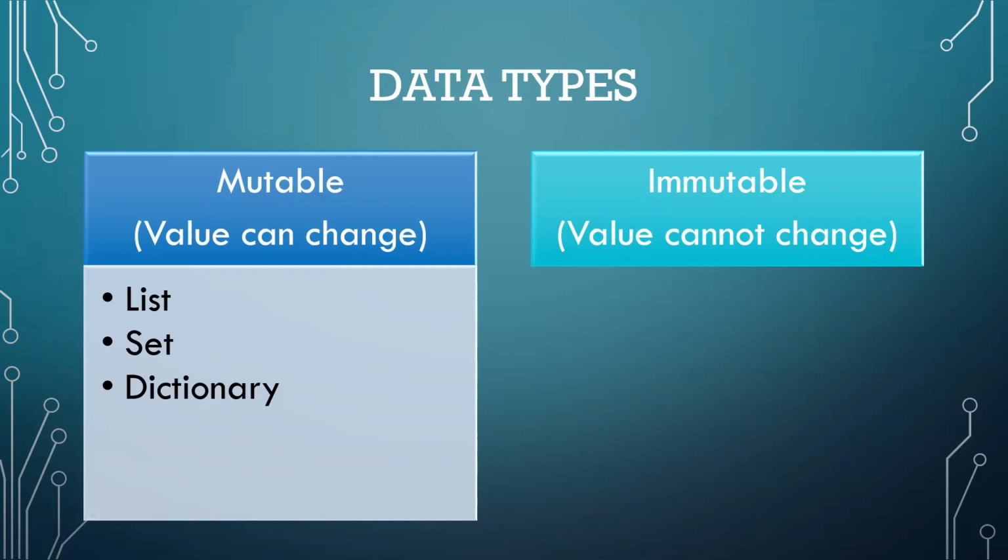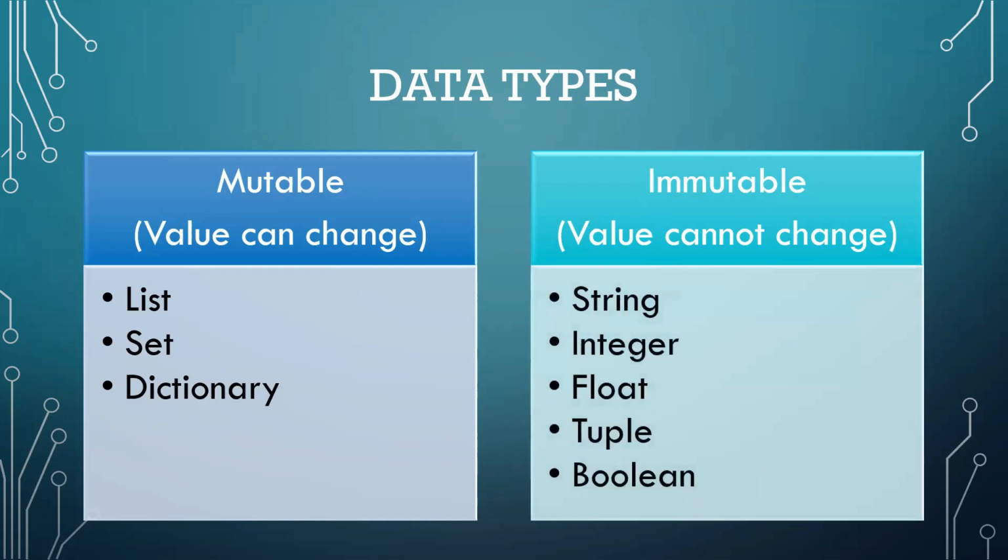Okay, but in the immutable types, like string, integer, float, tuple, boolean, all of these, the values cannot change. So if you make any changes, it will temporarily show you the result, but it will never change the original data for you. Okay.